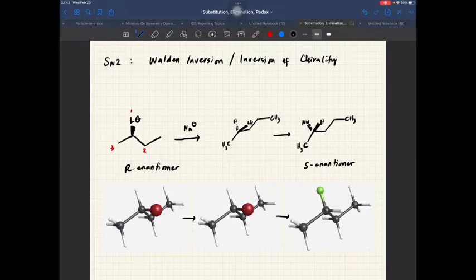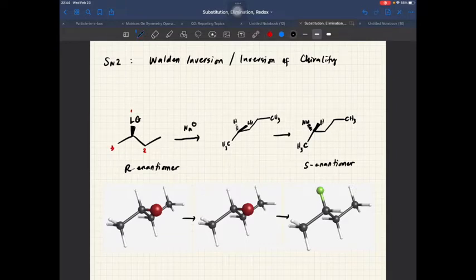So for example, in this hypothetical molecule in which there is a leaving group having this chirality, this is an example of an R enantiomer, supposing that Lg is the first priority for CIP rules. And take note that the nucleophile attacks from the back.